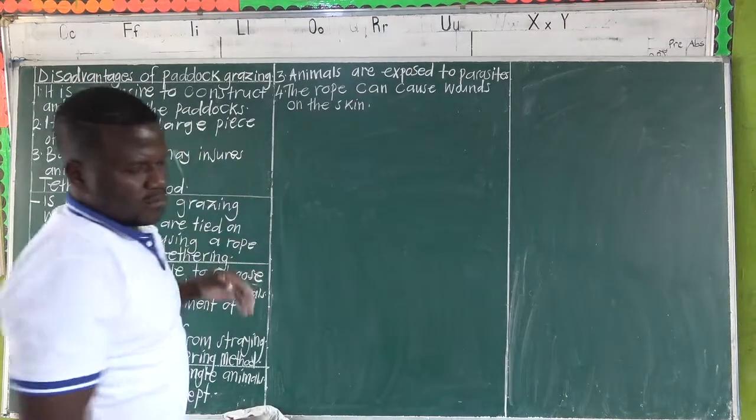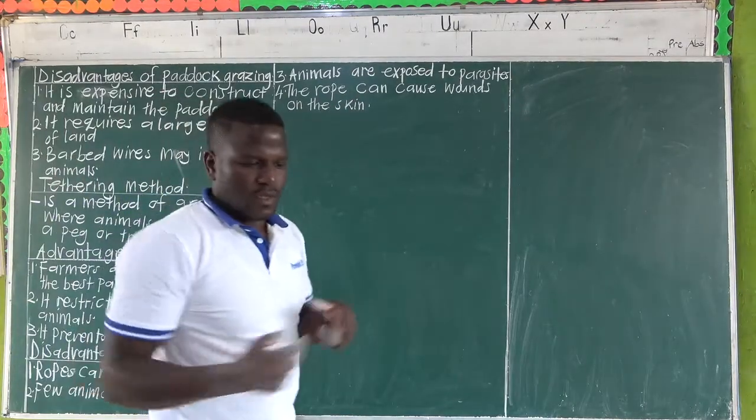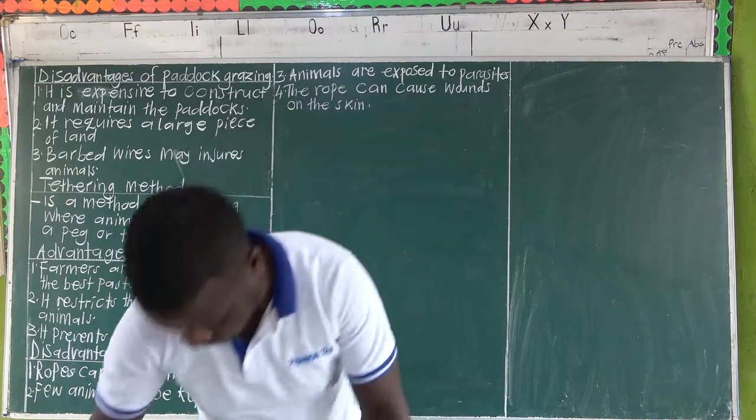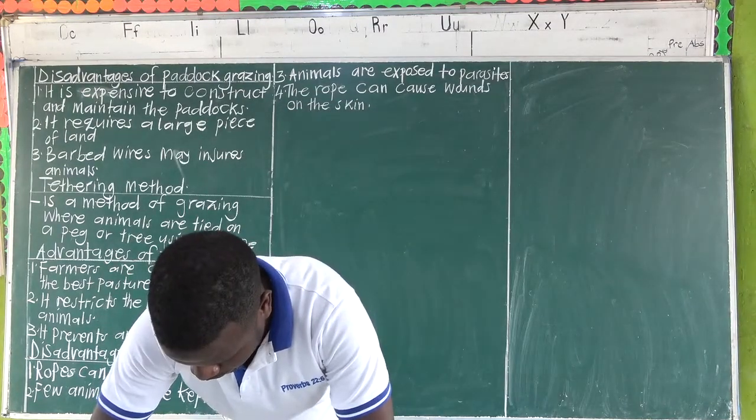So animals, because of friction, these ropes end up causing wounds on the skin of an animal.